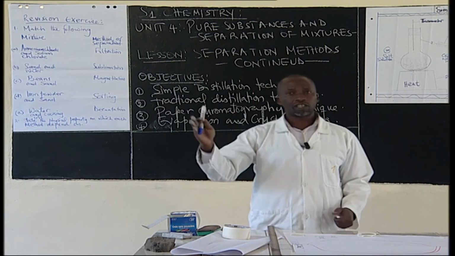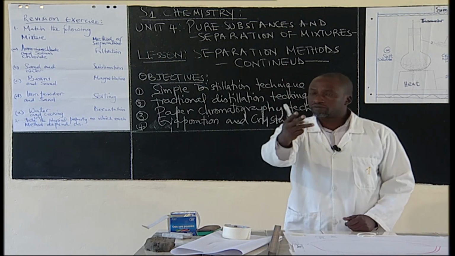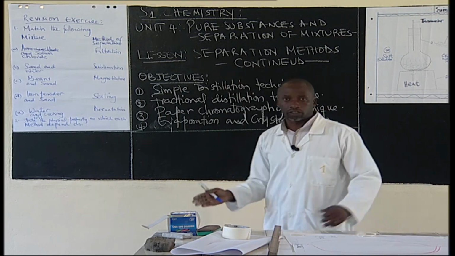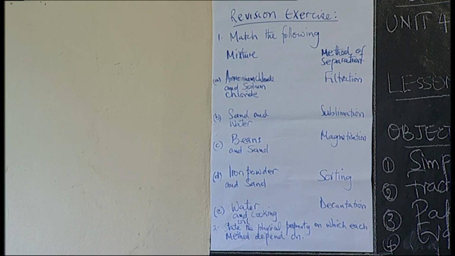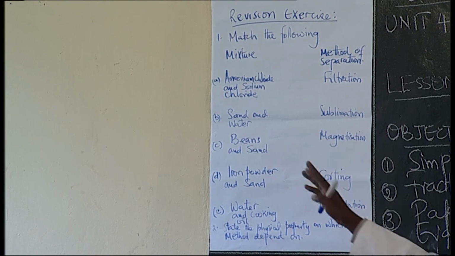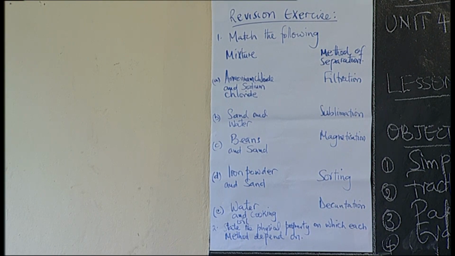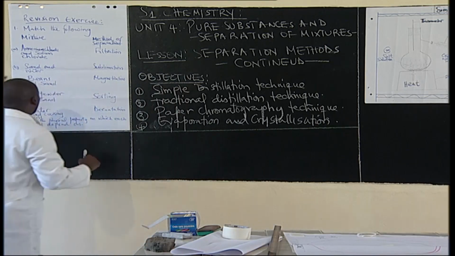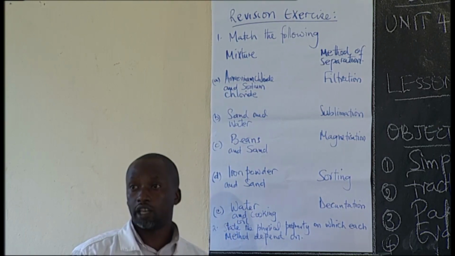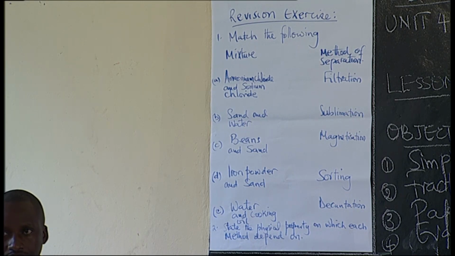So we have the mixture, and then we have the method of separation. So we are asked to simply match the mixture and the method that is used to separate that mixture. So let's start right away with our exercise, and then we work it out together.